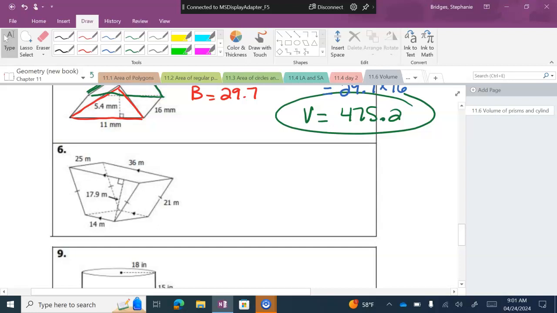Okay, so this is 14, correct? What would this top segment be right here? 36, okay. And then we have that height that's drawn in right here. What is that, 17.9? Can't see that far. Does everybody see the trapezoid in that picture?